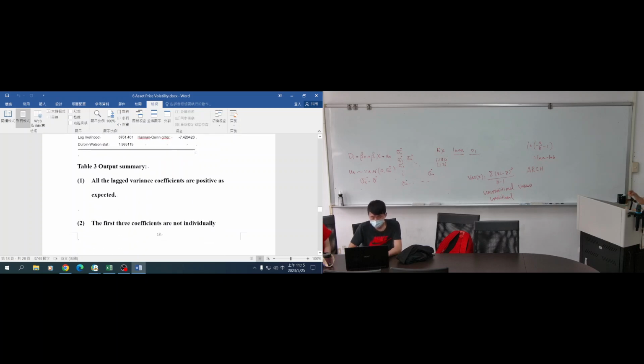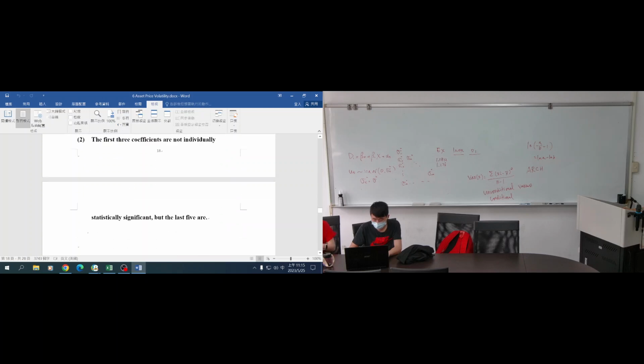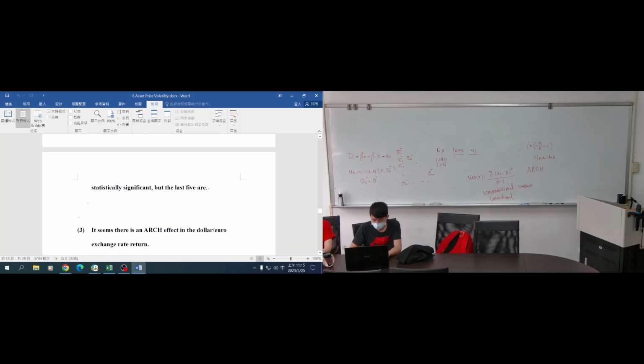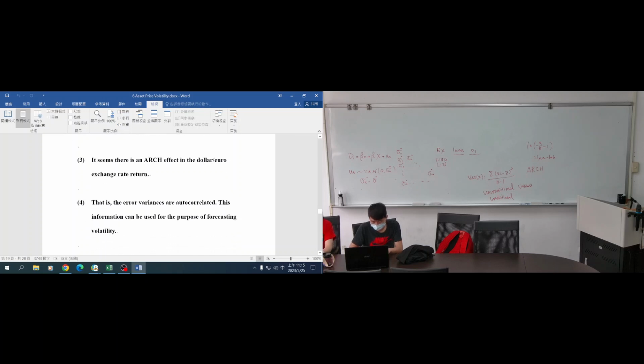Okay, the output we just have. In the summary, all the lagged variance coefficients are positive. The first three coefficients are not individually statistically significant, but the last five are. And it seems that there's an ARCH effect in the dollar-euro exchange rate return. The error variances are autocorrelated, and this information can be used for the purpose of forecasting volatilities.